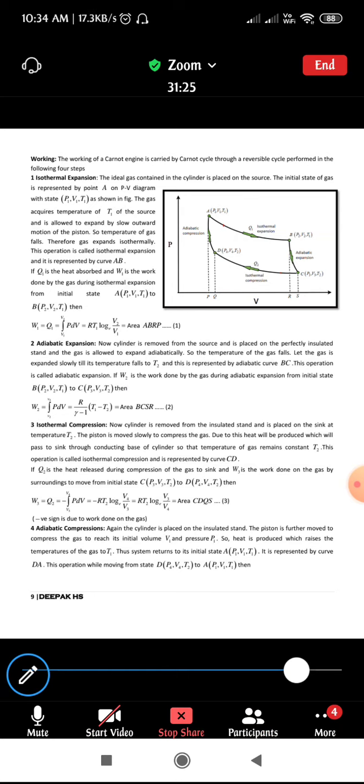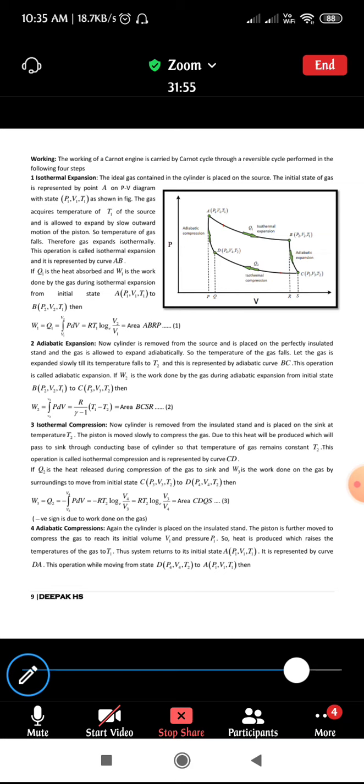This operation is called isothermal compression and is represented by the curve CD in the PV diagram. If Q2 is the heat released during compression of the gas to the sink, and W3 is the work done on the gas by the surroundings to move from state C to D, that is from P3 V3 T2 to P4 V4 T2.